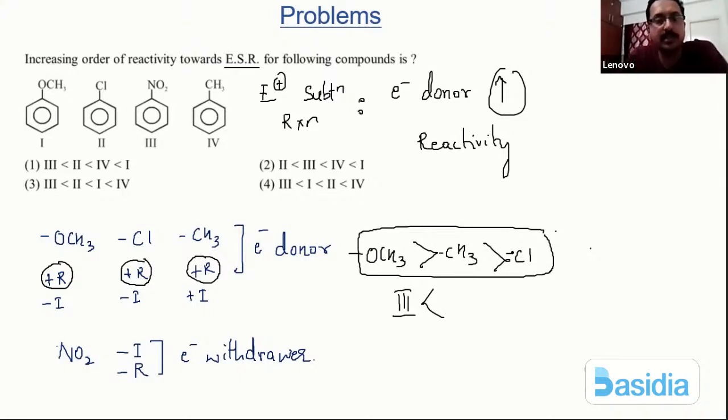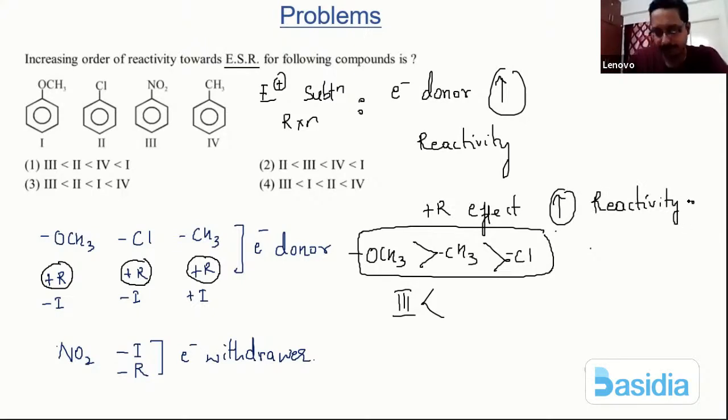Okay, so now think, if this is your plus R effect, which should increase the reactivity, what should be the order? So 3 has to be the least reactive. Then comes the Cl one, correct?